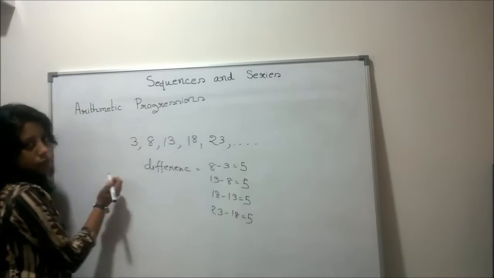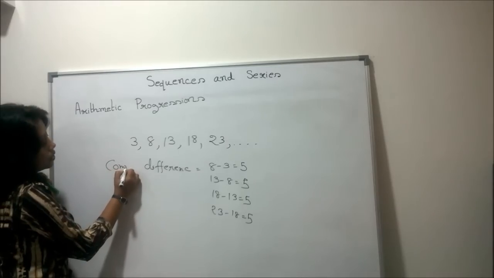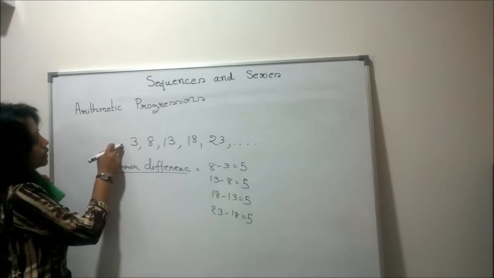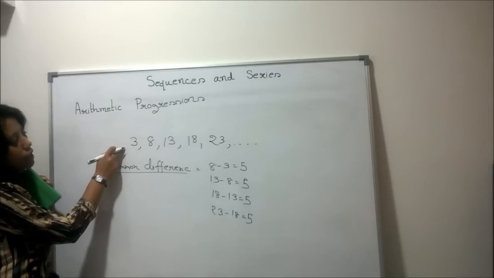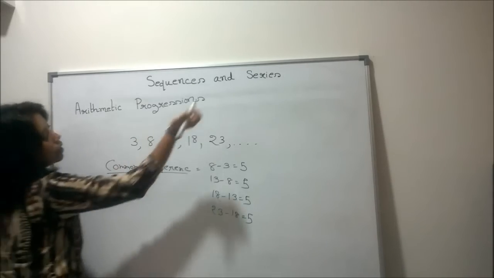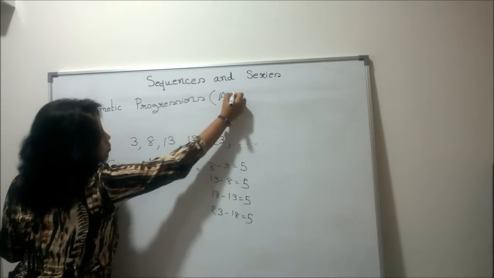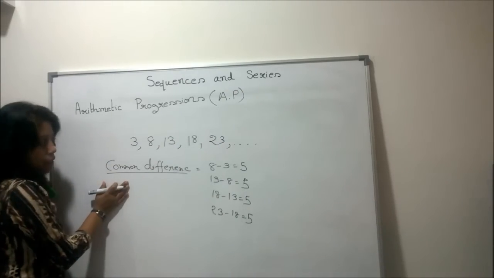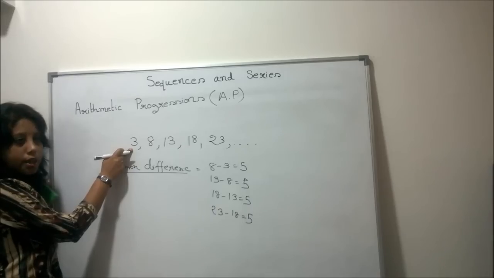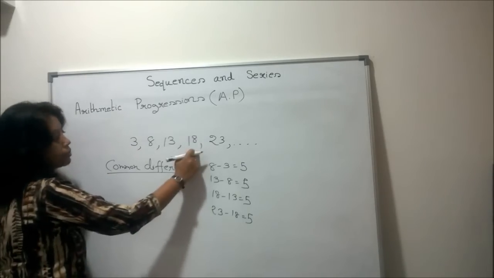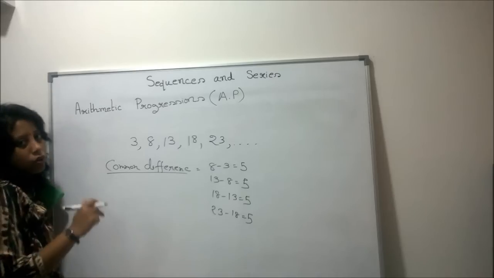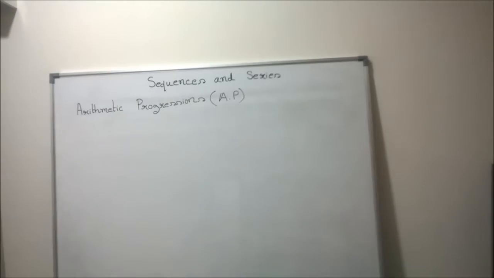This difference is called the common difference. So this sequence is called the arithmetic progression. In short, we call it AP. And in this sequence, without the first term, all the terms are obtained from its preceding term by adding a constant.